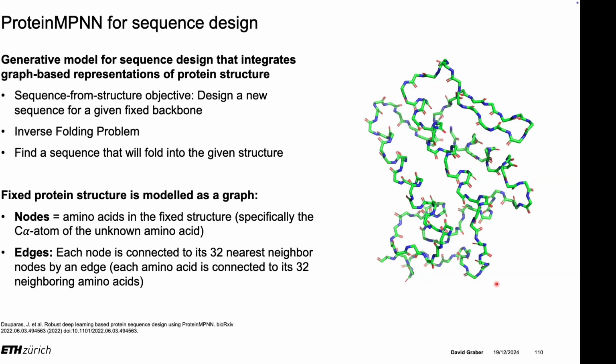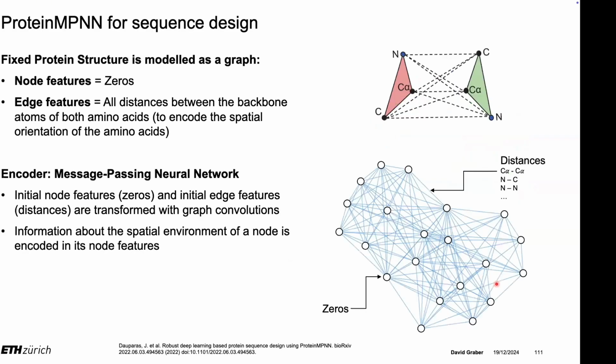And then they connect all these C alpha atoms to their 32 nearest neighbors through a graph edge. So it's basically some contact map that could more or less look like this. You have all these nodes that represent C alpha atoms, and then you connect each node to the 32 nearest other nodes.